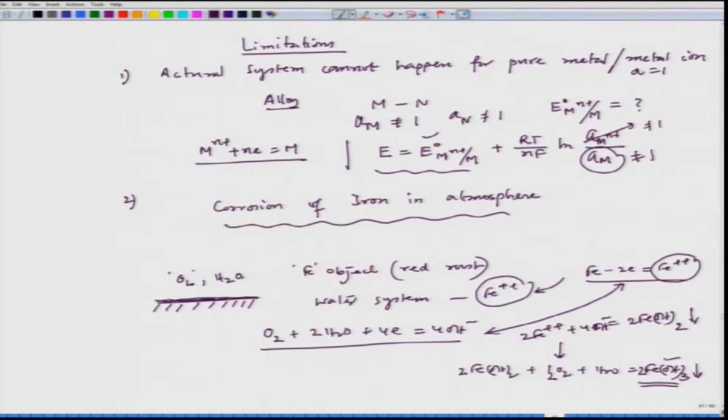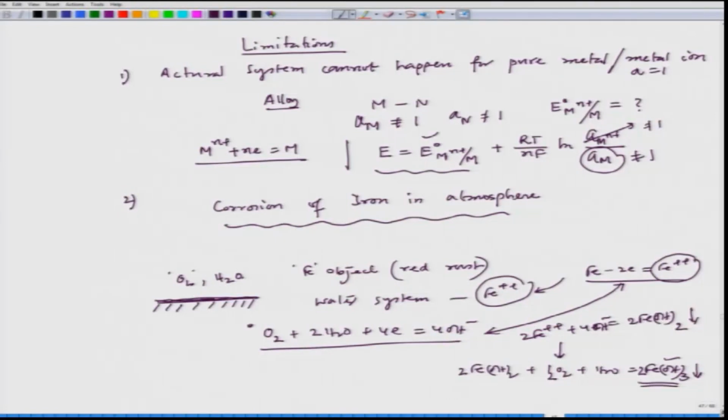So, the iron ion activity may not reach, or will not reach, 1. So we cannot have a standard reduction potential developed. There we have to see, as we have earlier discussed, the potential difference between this and this.